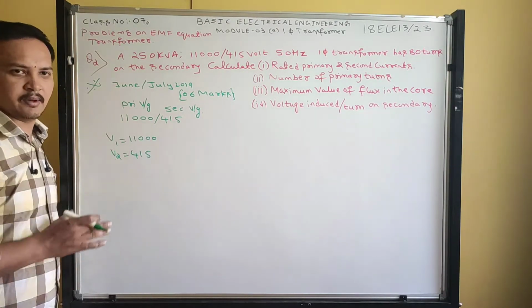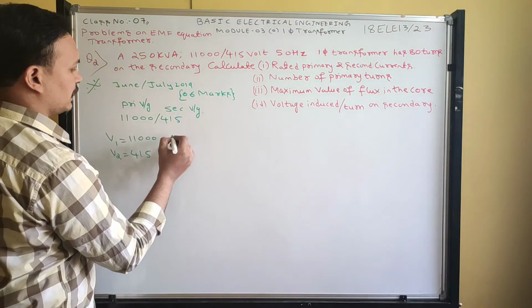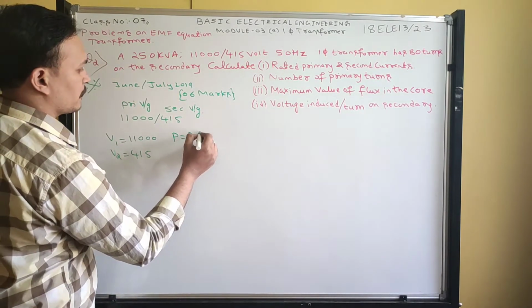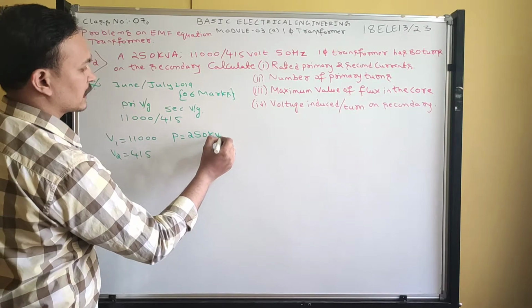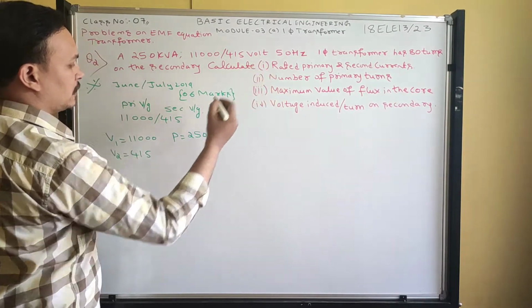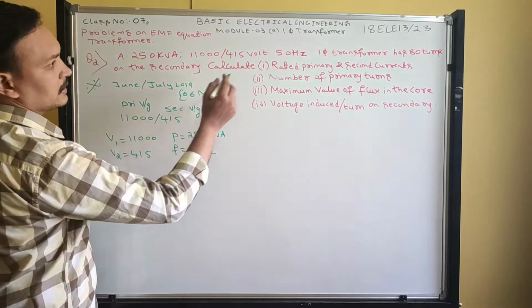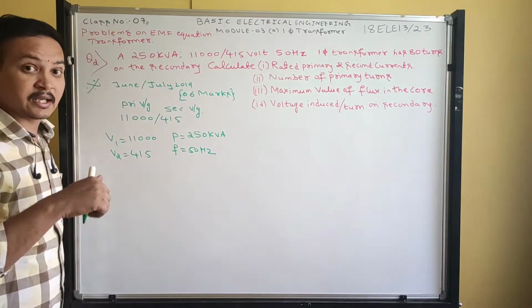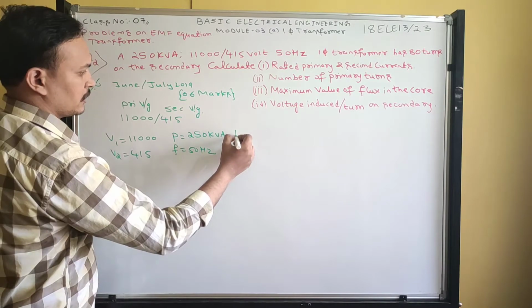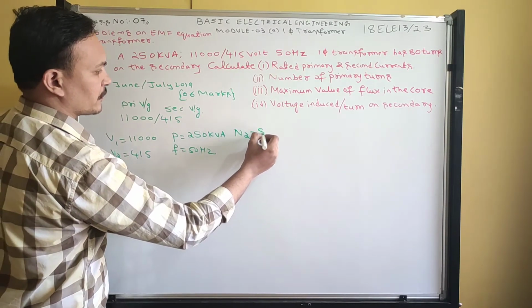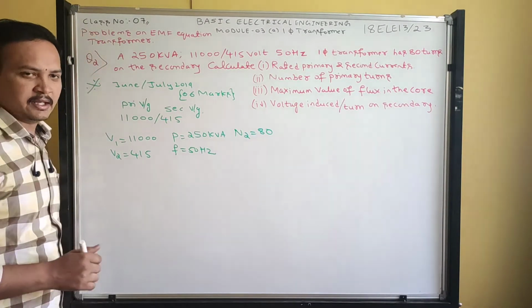These are the ratings given. And the power rating is 250 kVA. Other data given: frequency 50 Hz and the number of turns in the secondary, 80 turns.